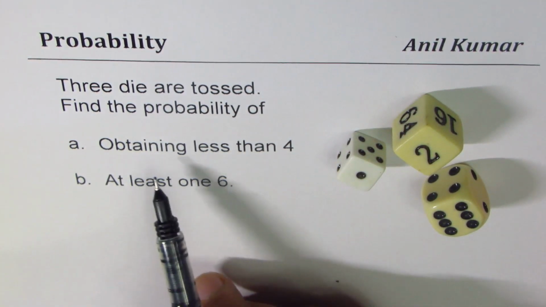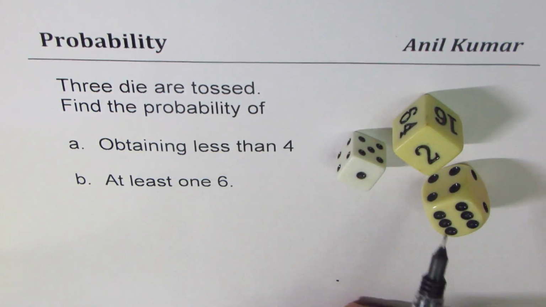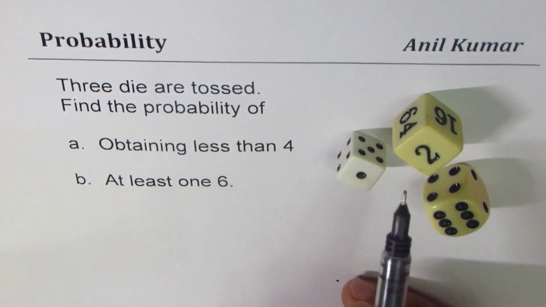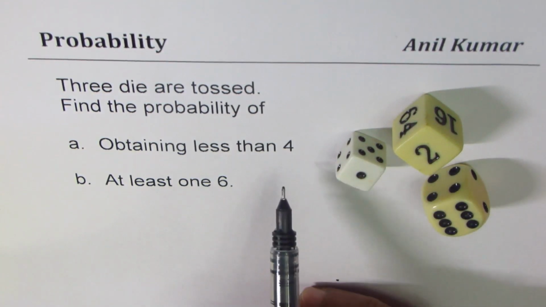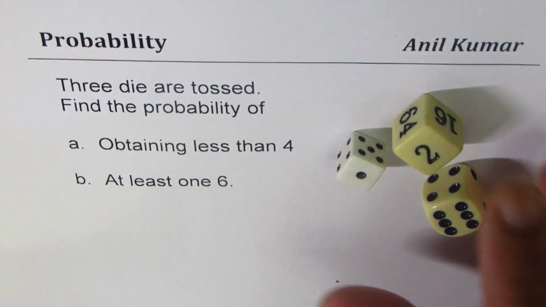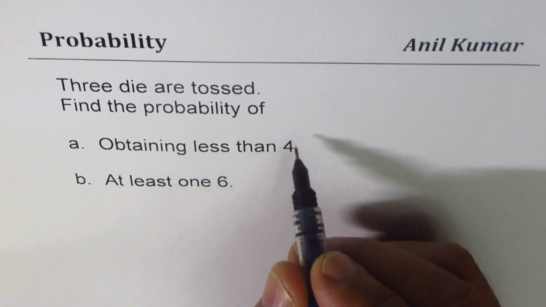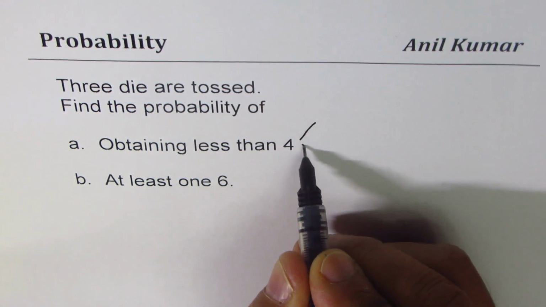Now this could be obtaining a sum of the 3 less than 4, or it could be each getting a number less than 4, right? So I'll make it more clear and then answer this particular question. I'll split this question into 2 parts.